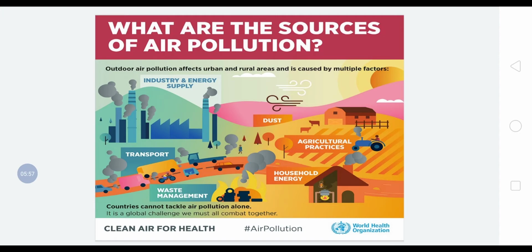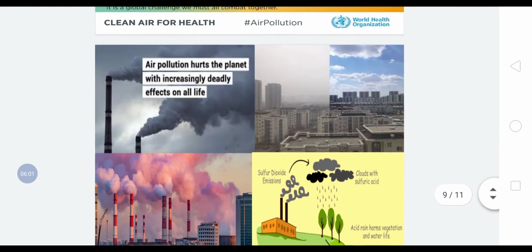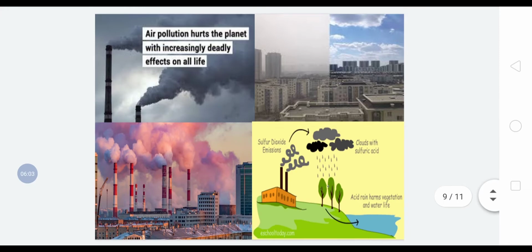And we all know that smoke particles, when combined with the fog in the atmosphere, cause smog, which causes serious health problems like irritation in the eyes, skin diseases, and respiratory diseases.